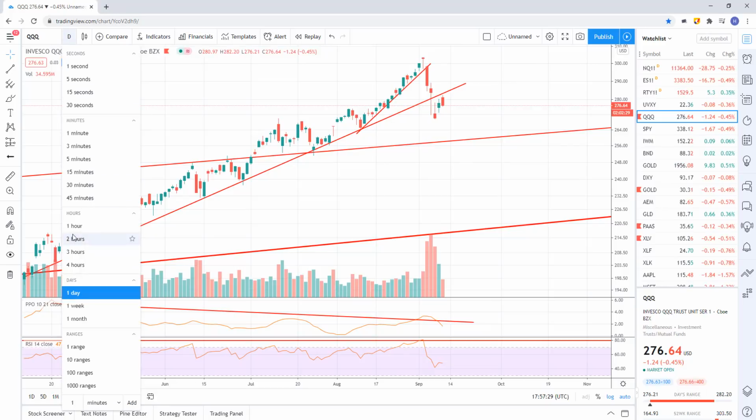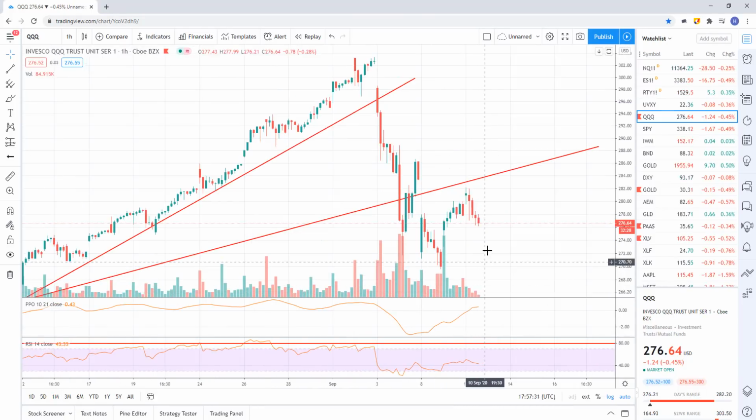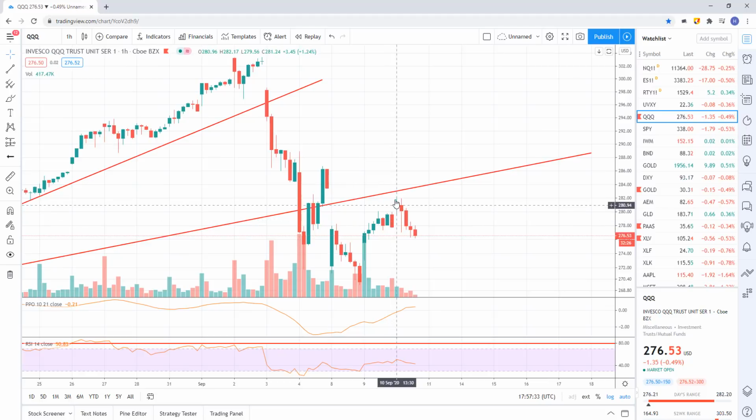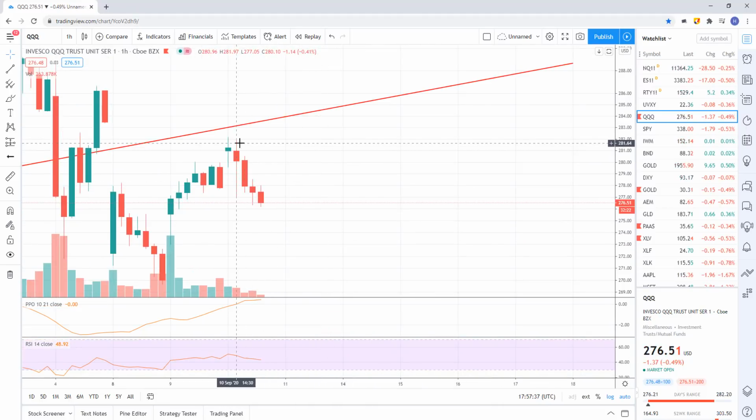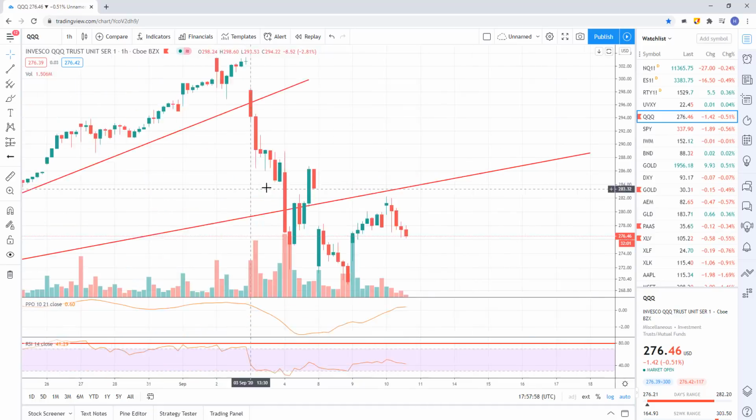And if I narrow it down to the hourly, just to get kind of a micro call, you can see we ran up. We came close to tagging that trend line, but they stepped in early. So far, the sellers have stepped in early, and we didn't do a full back test of that trend line. So you have to read that as bearish. Usually when you can't reach a trend line and actually do a full back test and they step in early, that just shows a lot of people were waiting to either exit long positions or short, and they stepped in, trying to front run each other basically.